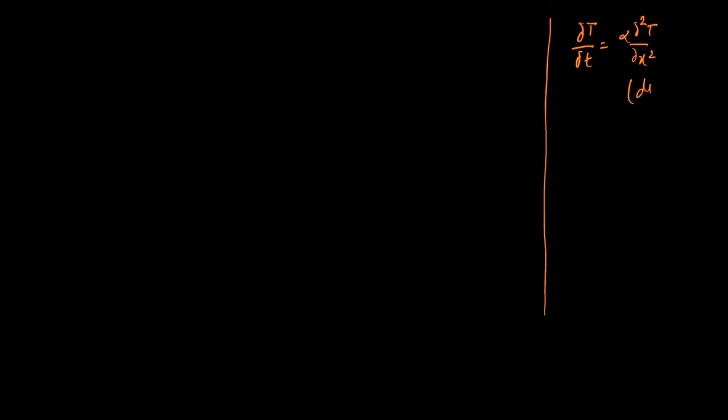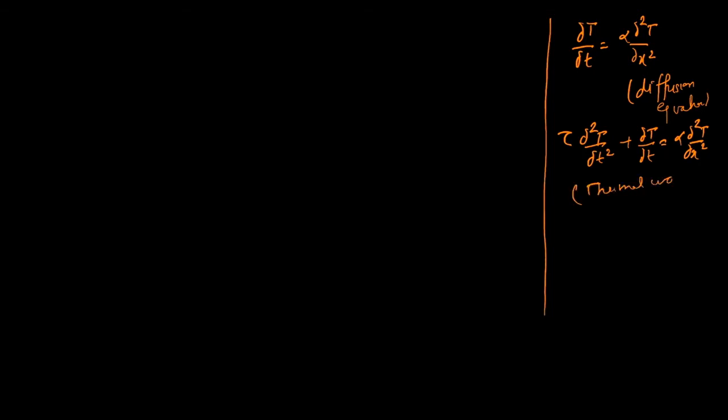This is our diffusion equation in one dimension, which comes from the Fourier law. And the thermal wave equation we just came up with is del 2T by del t2 plus del T by del t equal to alpha del 2T by del x square. So this is our thermal wave equation, which we just went over.